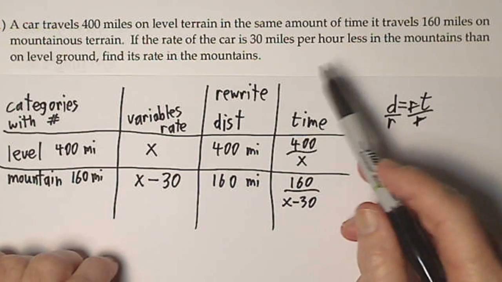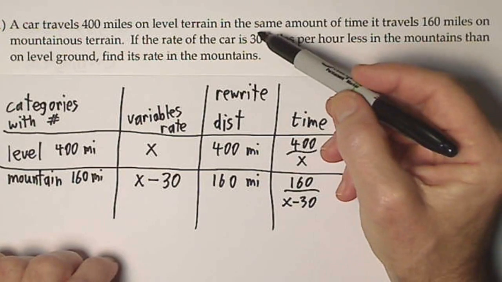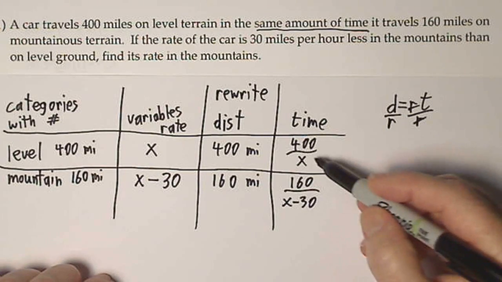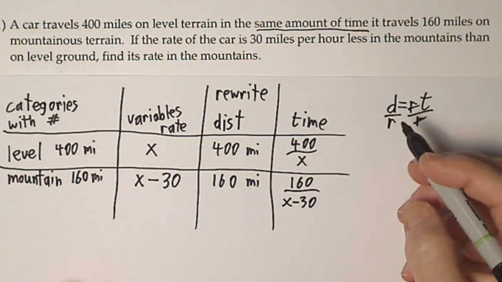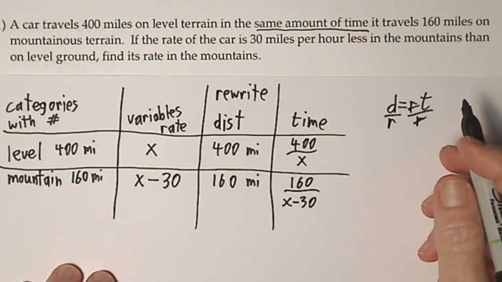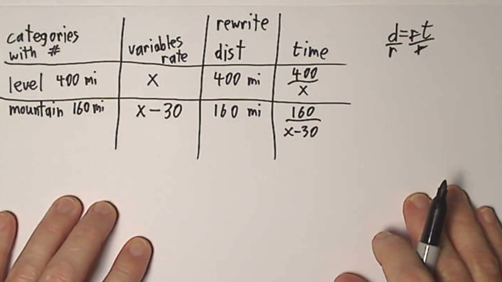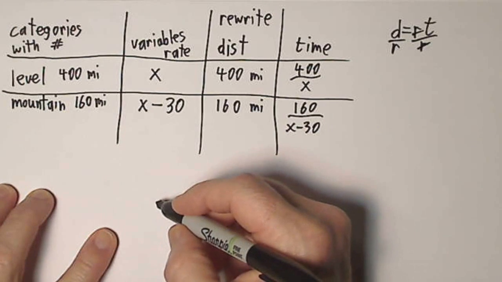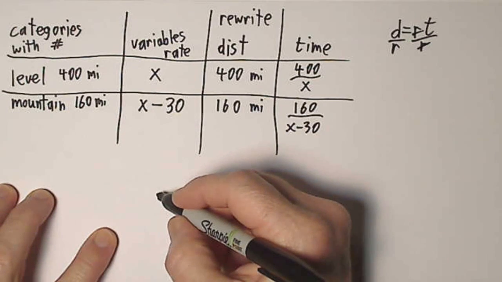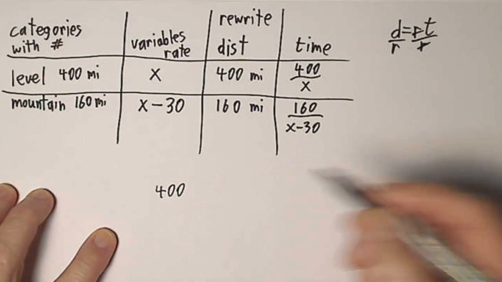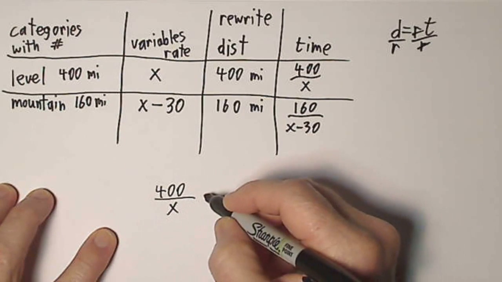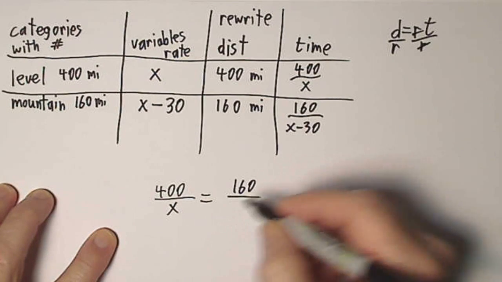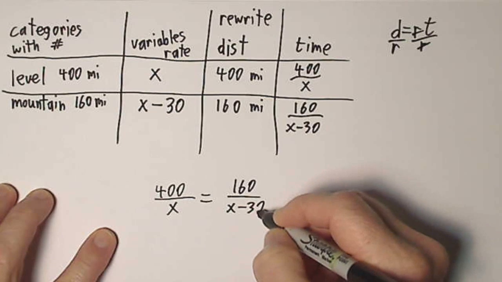And let's see, the same amount of time. So it tells us the times are equal. That means we have a proportion. So, where do I write this? 400 over x is equivalent to 160 over x minus 30.